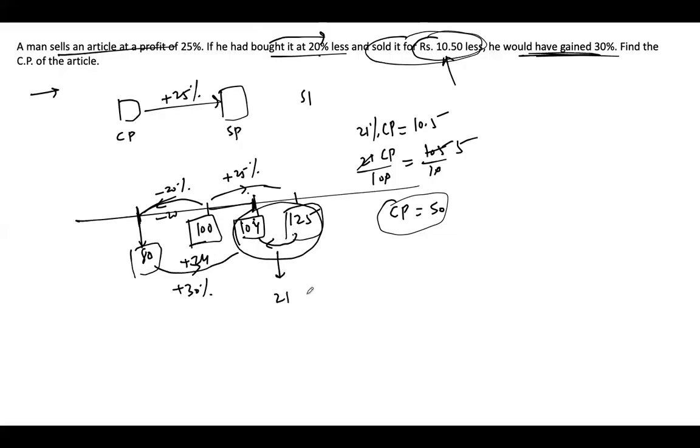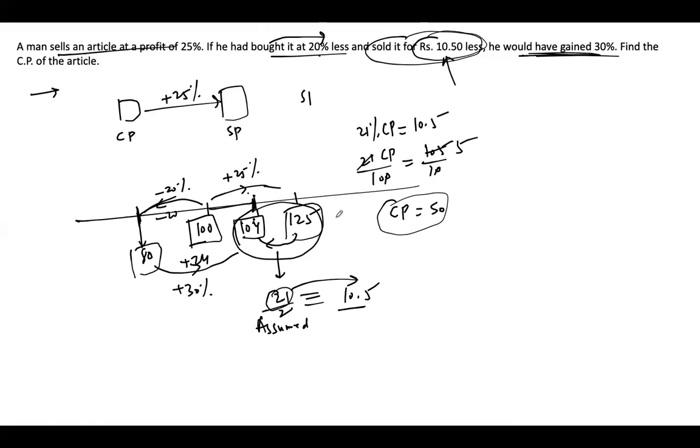20, 21. But in the actual question, what is the difference? 10.5. So how can you make 21 as 10.5? You just divide by 2.